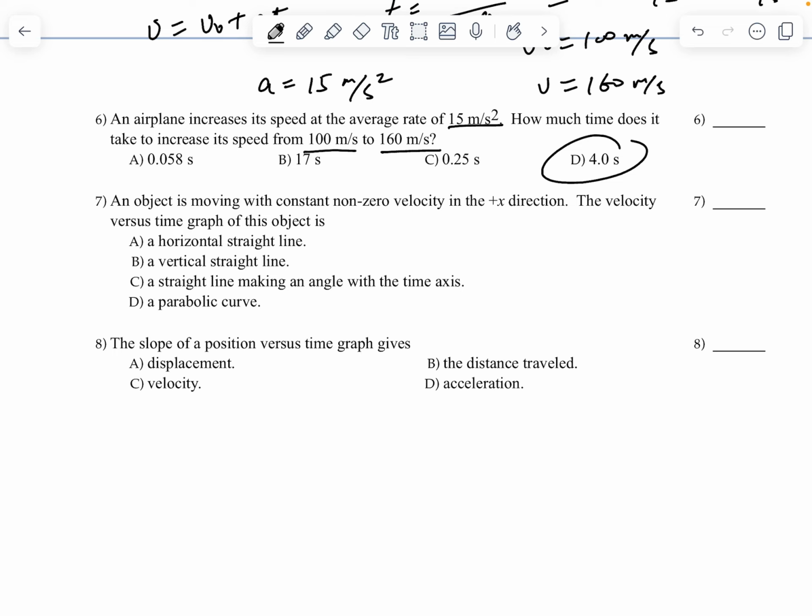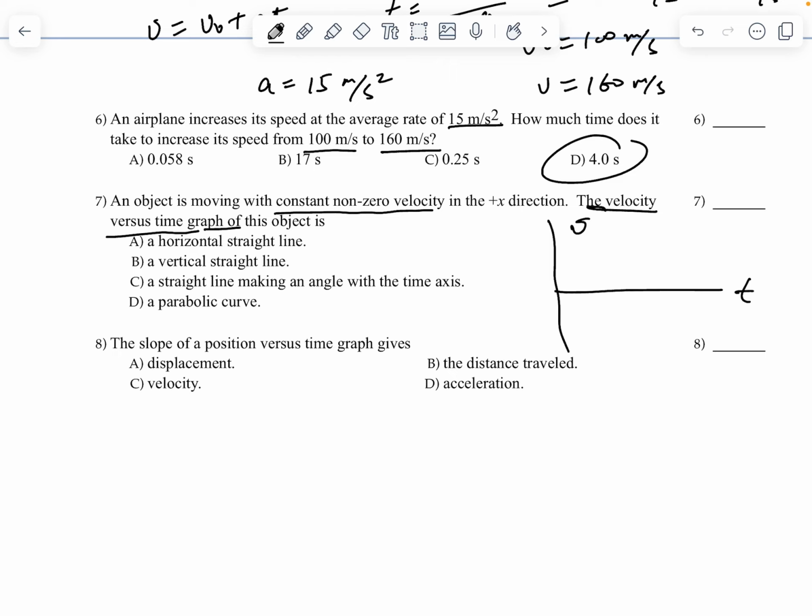Number 7. An object is moving with constant non-zero velocity in the x direction. The velocity versus time graph of this object is, so this is velocity versus time. What does it mean?